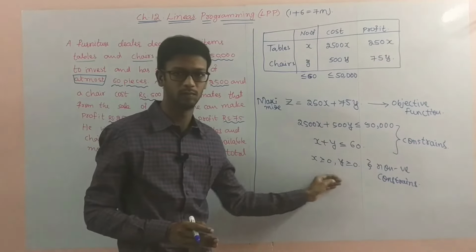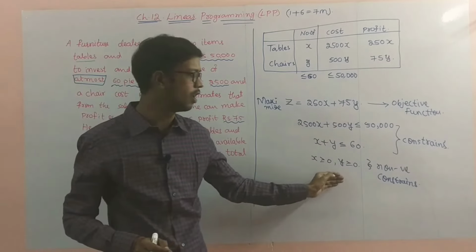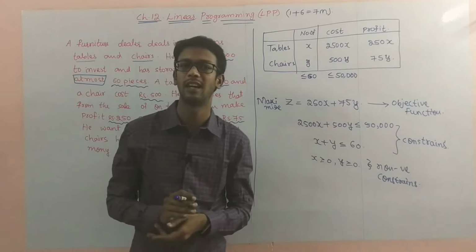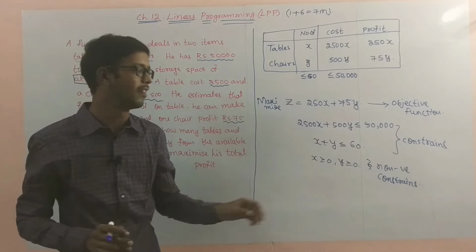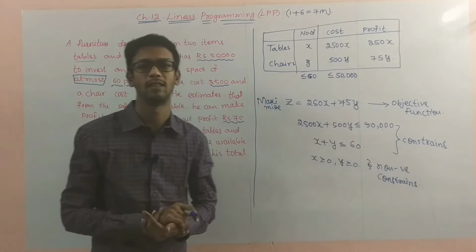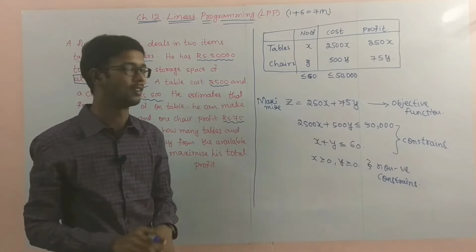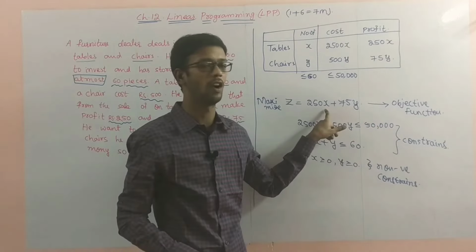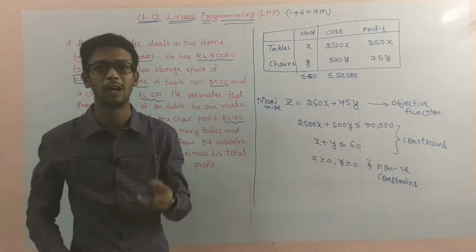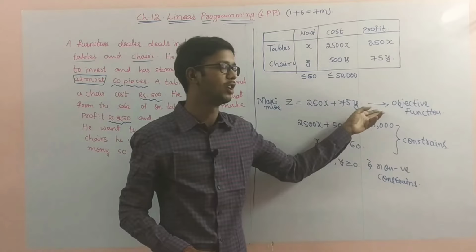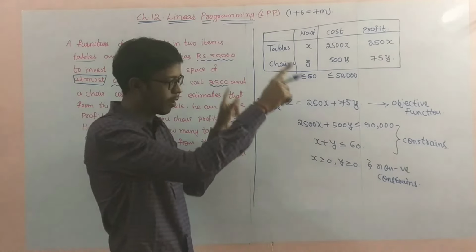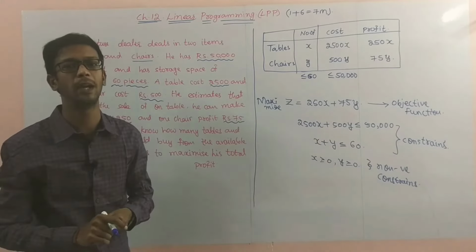These two, X greater than or equal to 0 and Y greater than or equal to 0, are the non-negative constraints. This, which is maximized or minimized, is called the objective function. This total problem is called a linear programming problem.